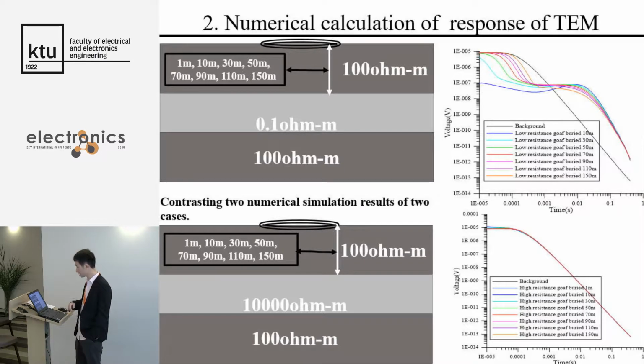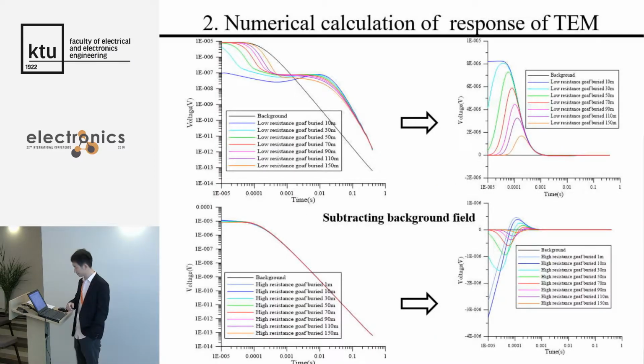So how can we get some useful information from the response of TEM in these 2 cases? We used subtracting. From these 2 results, we subtract the background field, so we can get the figures on the right side.